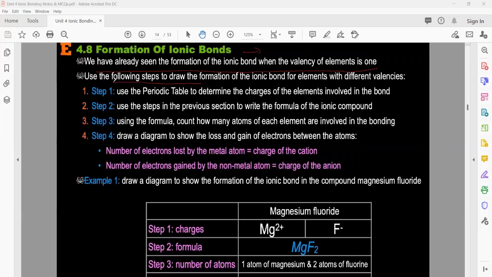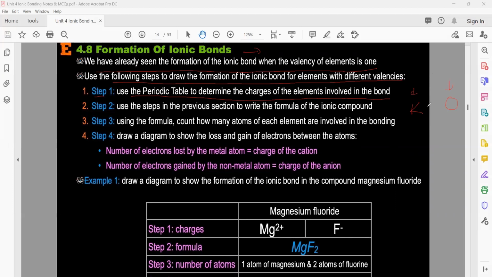Use the following steps to draw the formation of ionic bond for elements with different valencies. Step number 1: use the periodic table to determine the charge of the elements involved. For example, if I say I have two elements, one is potassium and the other is oxygen, they have an ionic bond because potassium is a metal and oxygen a non-metal.